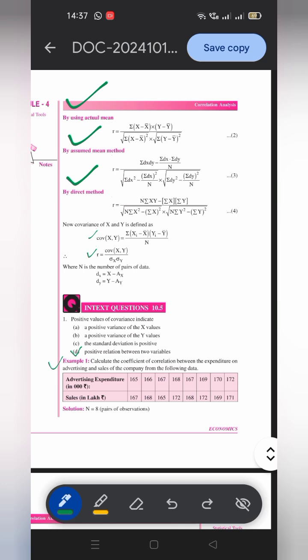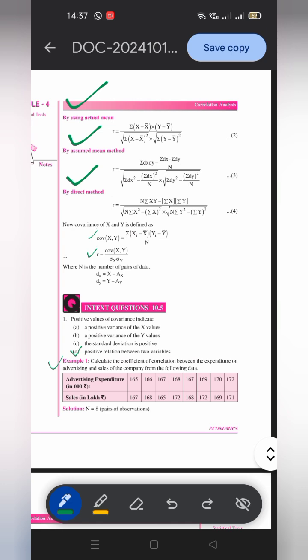First one, by using actual mean method, R is equal to sigma x minus x bar into y minus y bar whole divided by root of sigma x minus x bar whole square into root of sigma y minus y bar whole square.